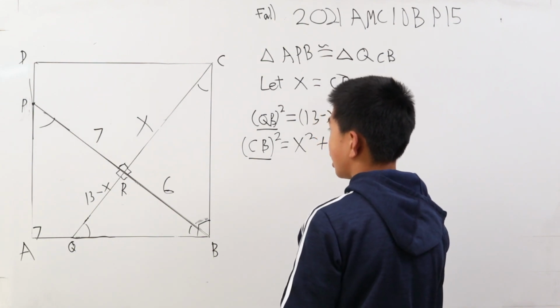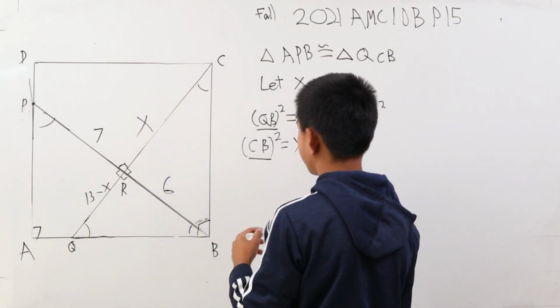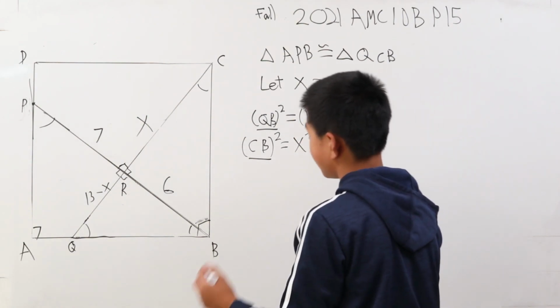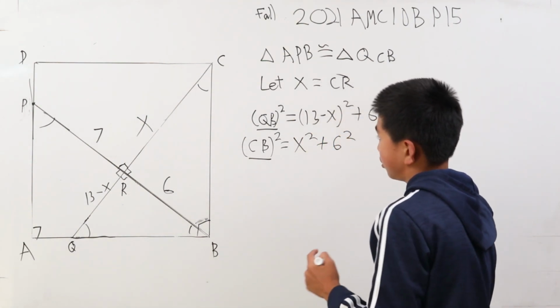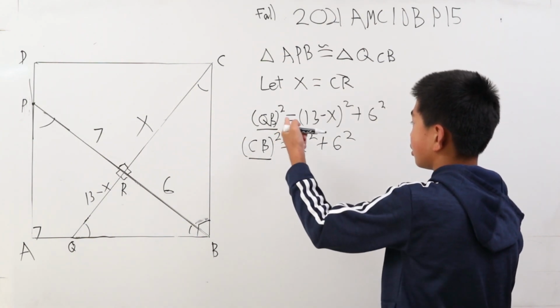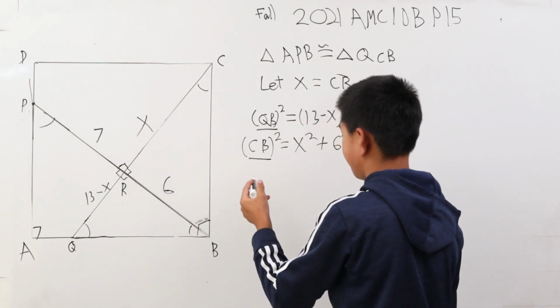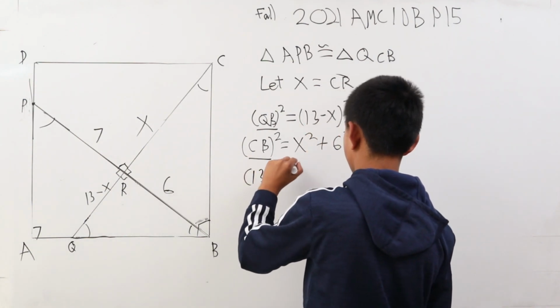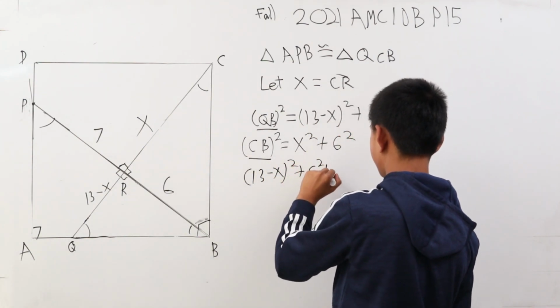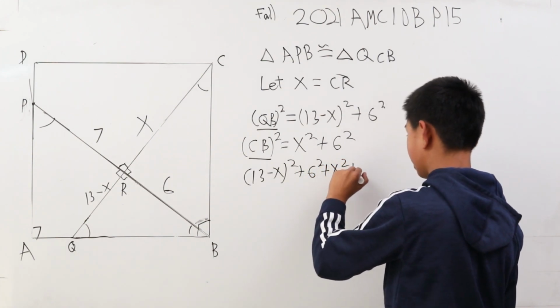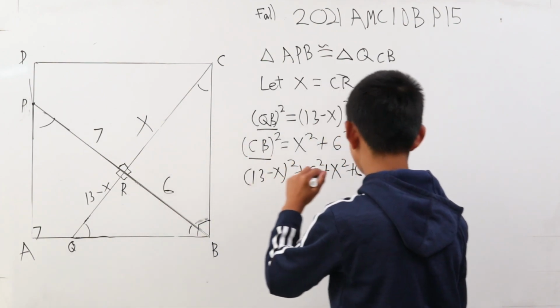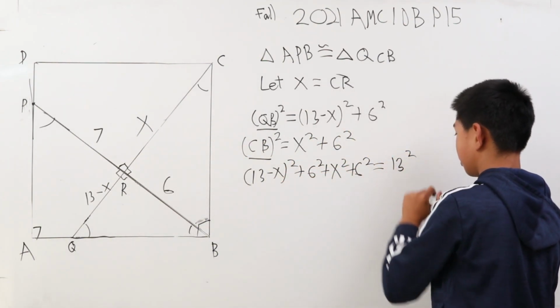It involves the hypotenuse, which is just 13. So when we add it up, the sum is going to be equal to 13 squared. This is (13 minus x) squared plus 6 squared plus x squared plus 6 squared, and this is going to be equal to 13 squared.